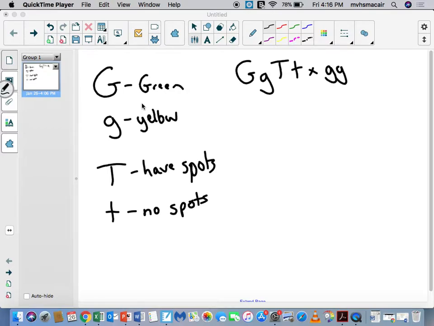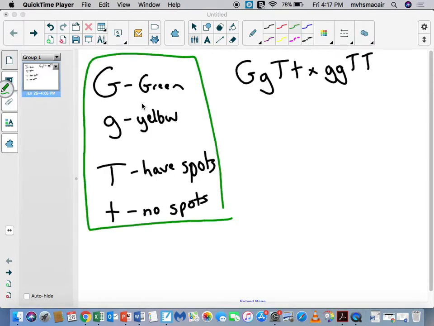So that has to be homozygous recessive, because there's no dominant green trait. And this one also has spots, and they happen to be homozygous dominant. A little different. Right now, if you're following along, make a note of these four things on the left side of the page, because I'm going to erase them in just a second. If you haven't got those down to memory yet, please do so.